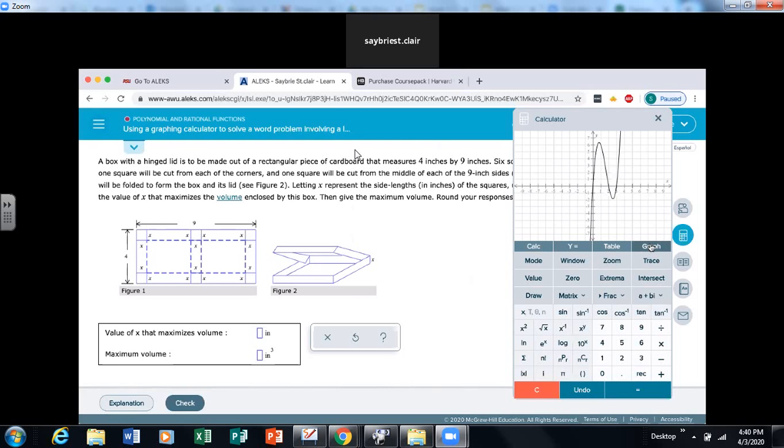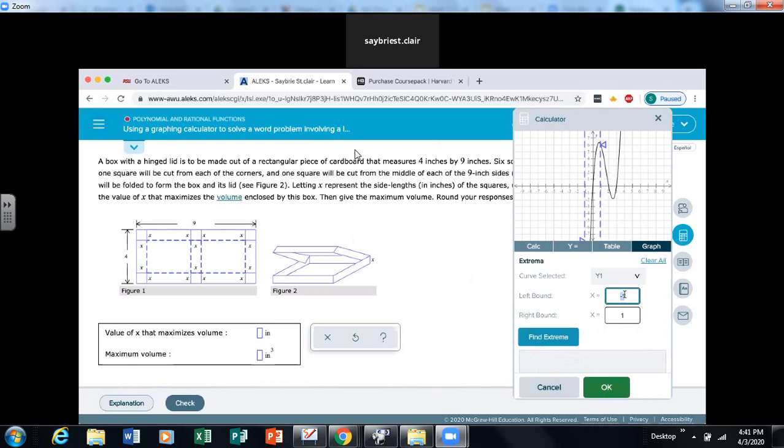Okay, looks like our extrema is between 0 and 1. So go to that extrema and 0 and 1. Alright, looks like 0.78 and 6.34.